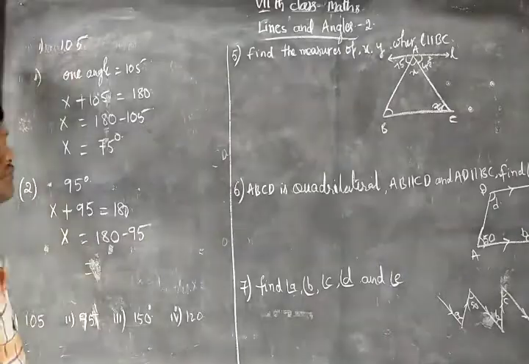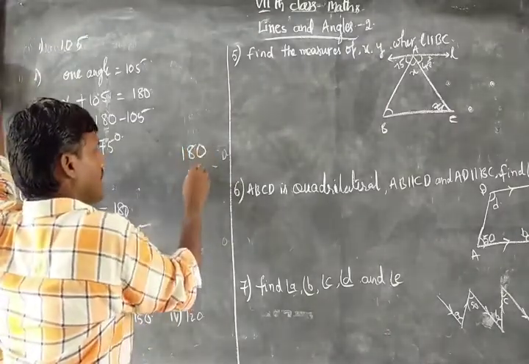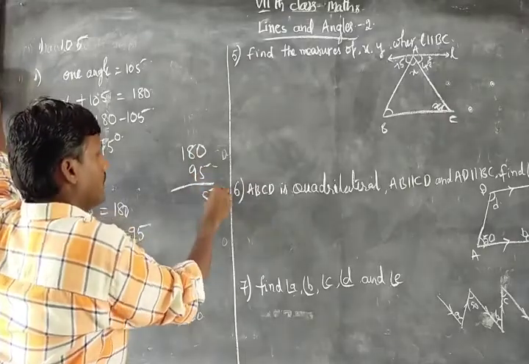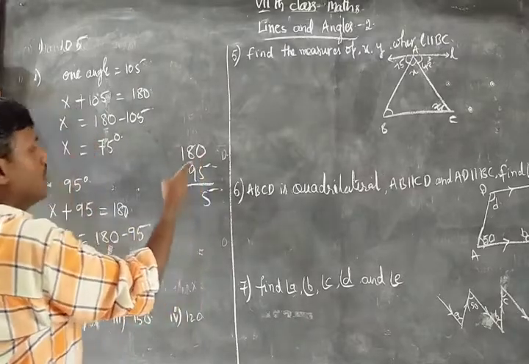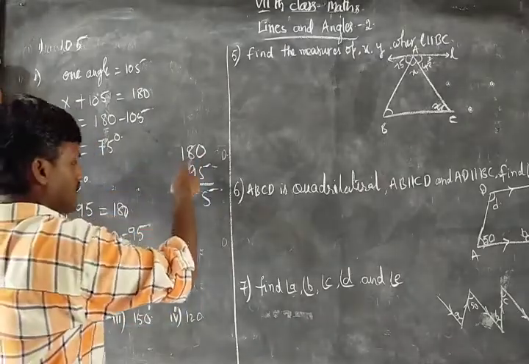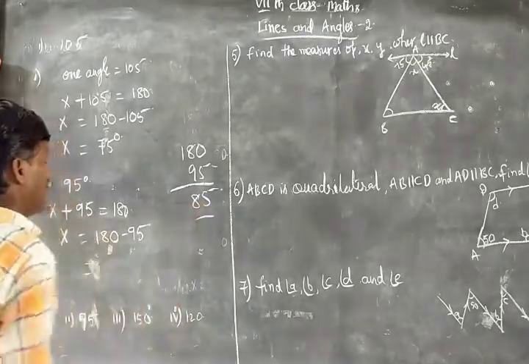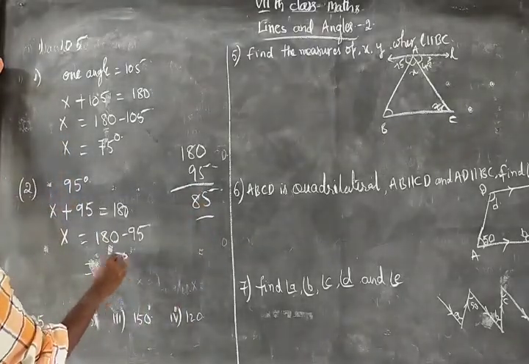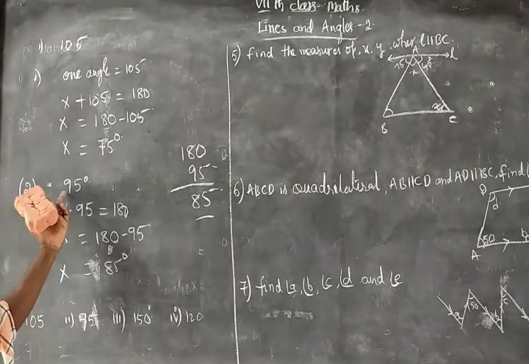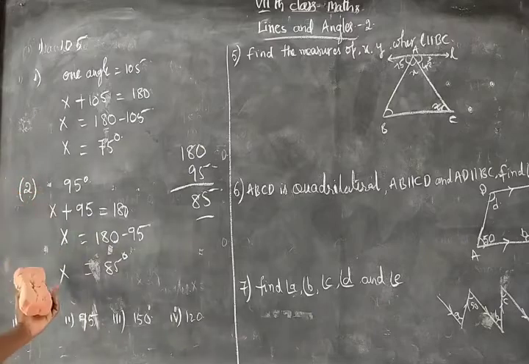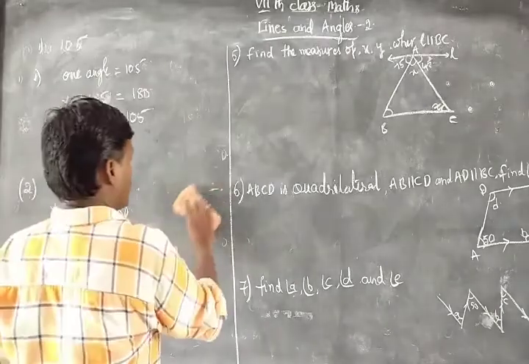The difference between 180 and 95: 1 is borrowed and the remaining 7, 17 minus 9 is 8, so 85. So 85 degrees. If one angle is 95, by using supplementary we find the other angle is 85. Next we are going to see another one.